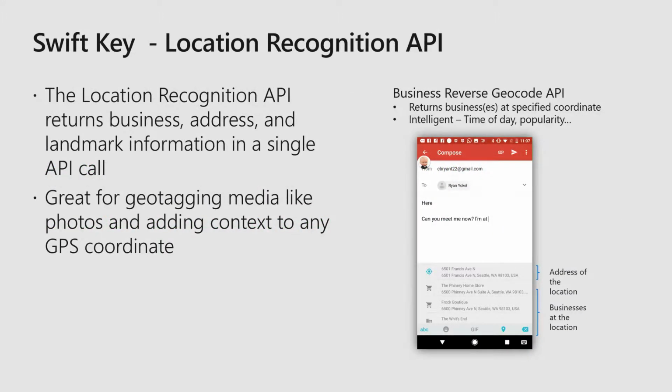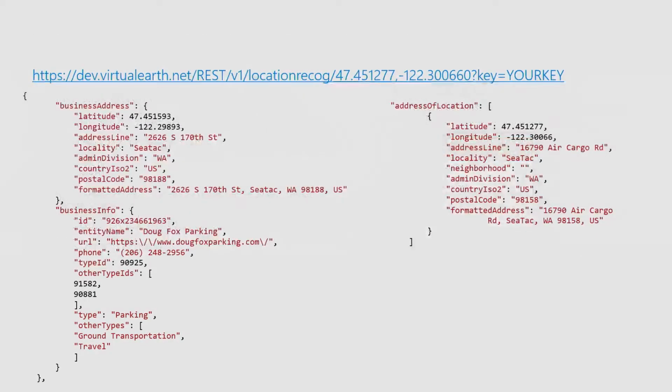And the last API that I wanted to show you how it works, we talked about it earlier, and we actually talked about this scenario, how SwiftKey is using the location recognition API, and I wanted to give you a quick peek at how that works. It's also a very simple REST API. You're passing in just a coordinate, and of course, you're always passing your Maps API key.